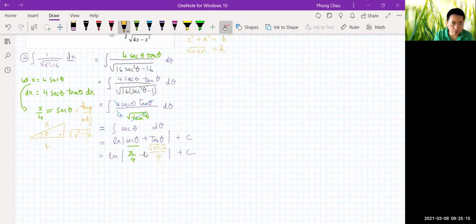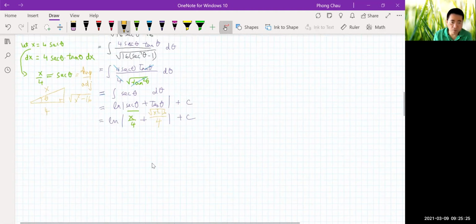Tangent is opposite over adjacent. Opposite over adjacent, yes. Okay. So that finished problem number 2. Let me rewrite it and kind of box this. So that's natural log of x over 4 plus square root of x squared minus 16 over 4, plus c.